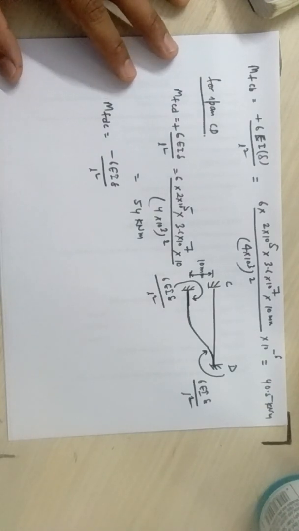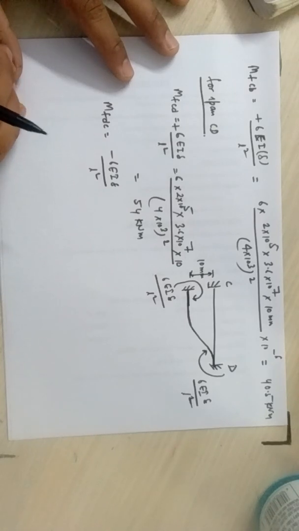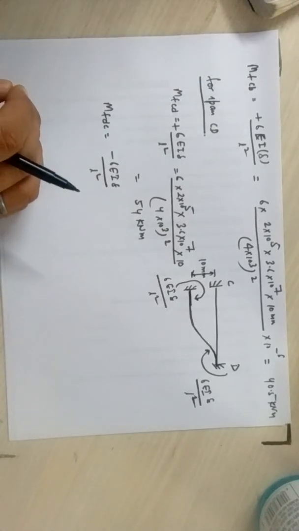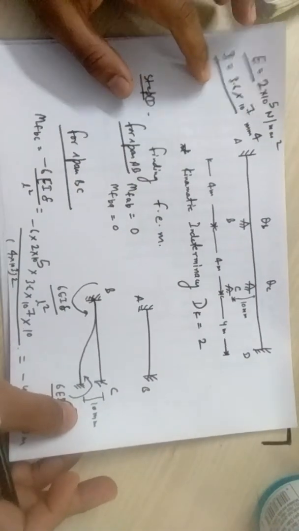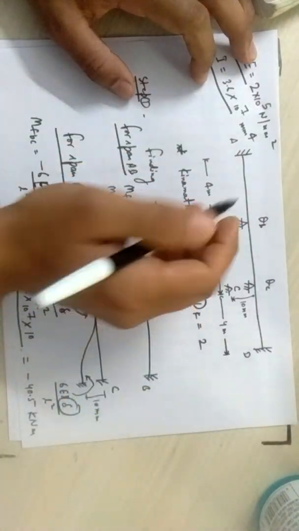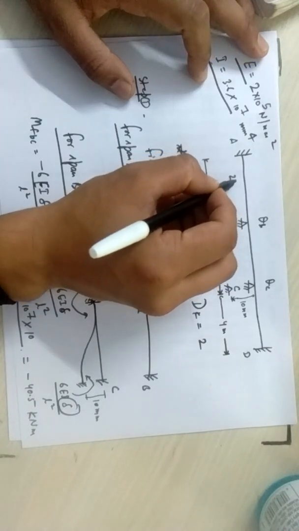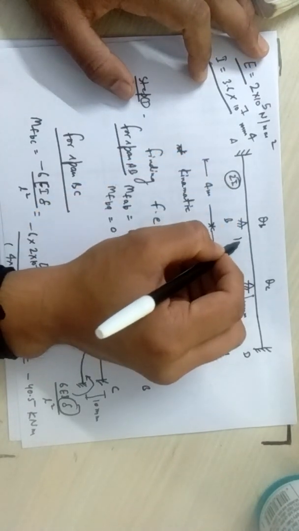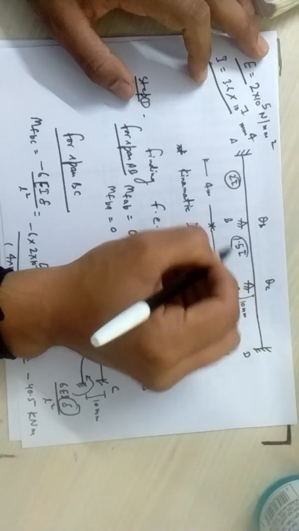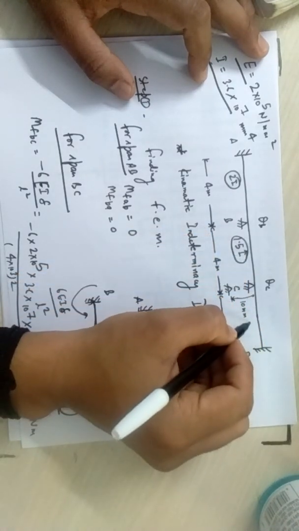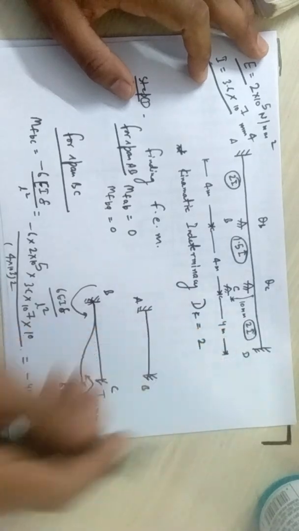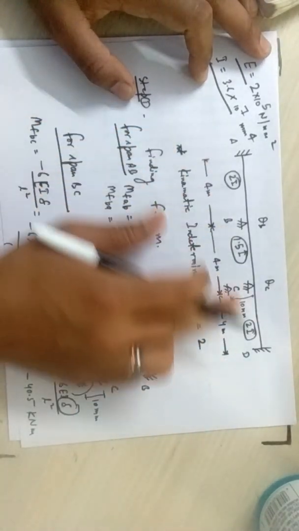Actually, we are making one mistake here, and that mistake is in the previous question. These values are given as 2I, 1.5I, and 2I. Okay, so these are given.